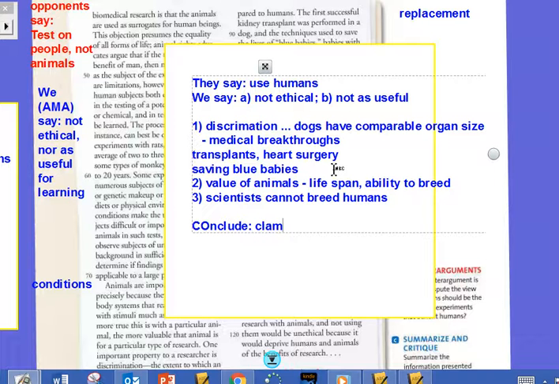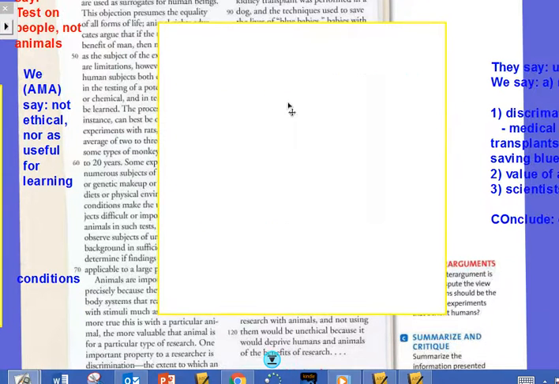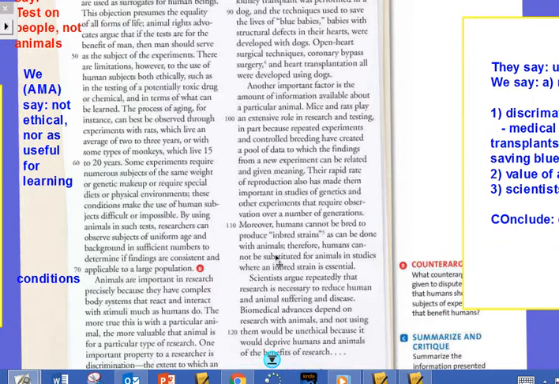Which is, scientists argue repeatedly that research is necessary to reduce human and animal suffering and disease.